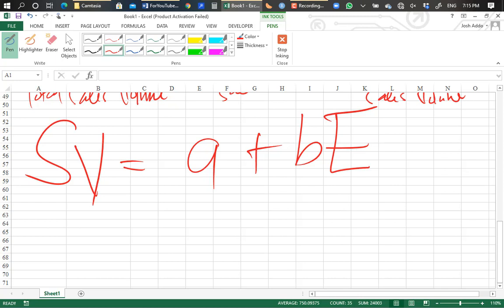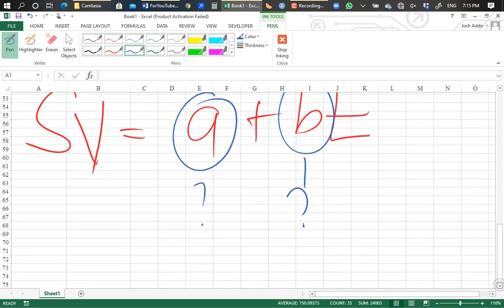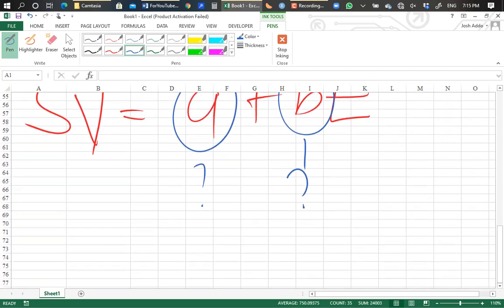Alright. So now our responsibility is to determine this. And once we have the values for this, we can write our general model. And the question says we should use the techniques of the high-low method.